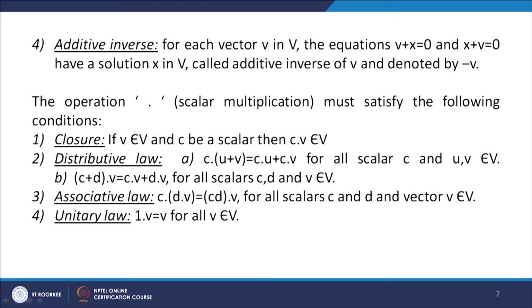And if you take any two scalars c and d and v to be any solution of x dot equal to Ax, then (c plus d) dot v equal to c dot v plus d dot v is also true, and similarly the associative law is true. The unitary law, 1 dot v equal to v, also clearly holds. So if V denotes the space of all solutions of the homogeneous system x dot equal to Ax, then V is a vector space.